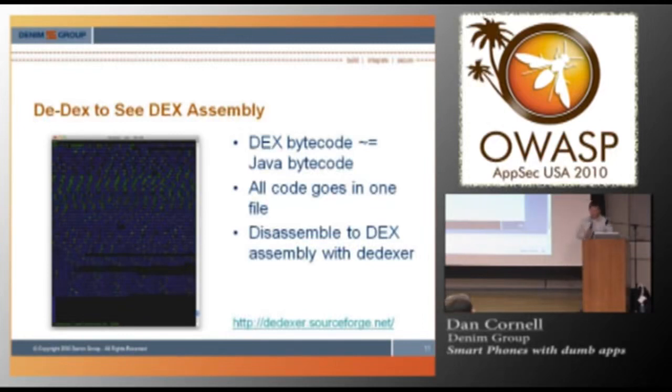That process is less deterministic. In all the times we've tried to back that stuff out, there are parts of the Java that you can't regenerate. So when we're looking at these apps, we're looking at both the DEX assembly code, which is easy to parse in a fairly unsophisticated way, running some greps to target things, and then you can look at the reversed Java code if you want to get into more detail.